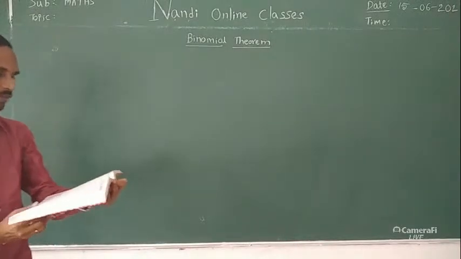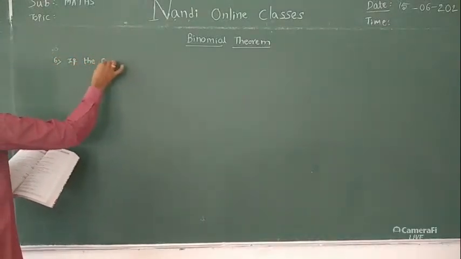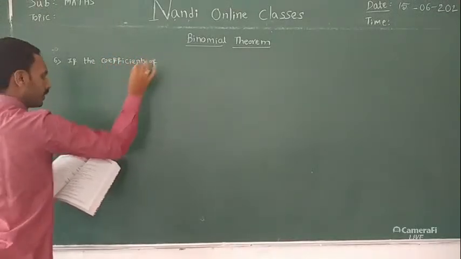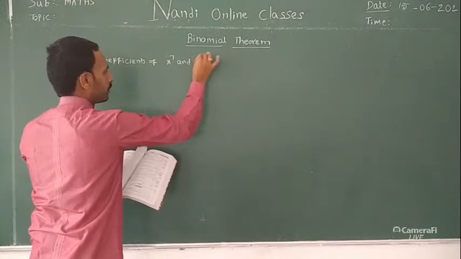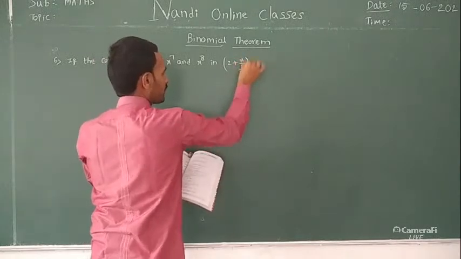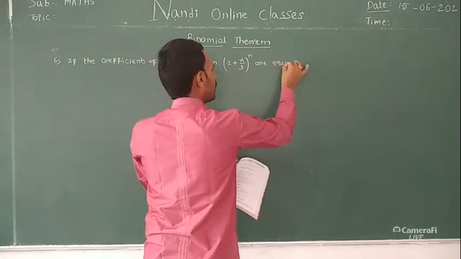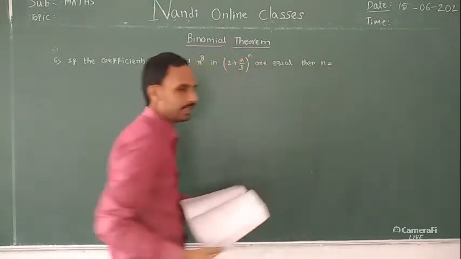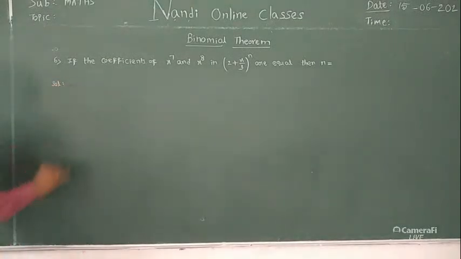Okay, sixth problem. If the coefficients of x^7 and x^8 in (2 + x/3)^n are equal, then n is equal to... Okay, solution.